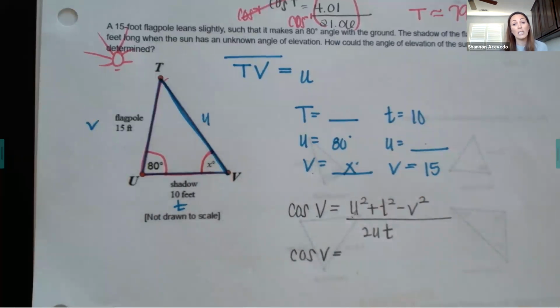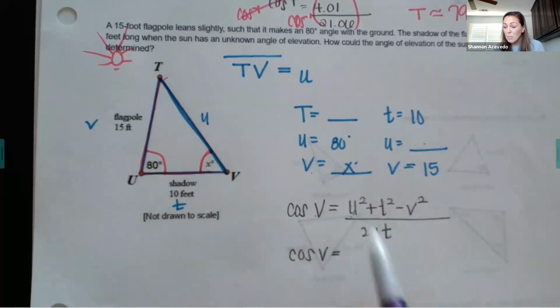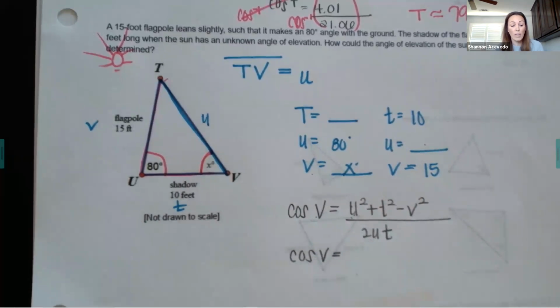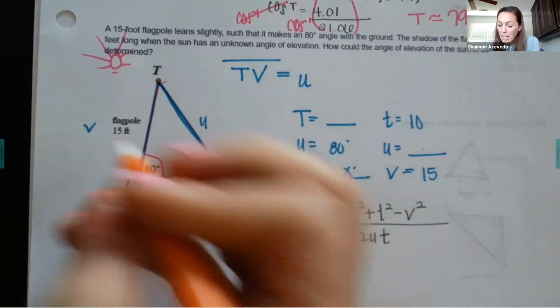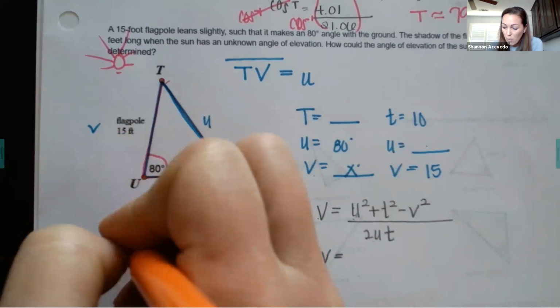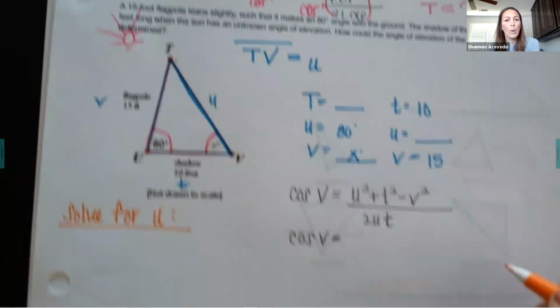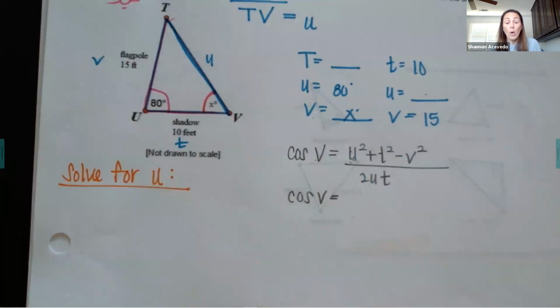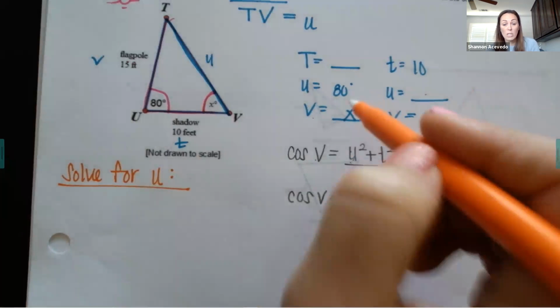I just have to do an extra step because I know my T, I know my V, so the only thing I don't know here is my U, but I can solve for that U. So I can't just go and solve this right away. What I need to do first is solve for U. Some of you guys say, well, do I have enough information to solve for U? Well, yeah, I have my two other sides and I know the angle that corresponds with it.